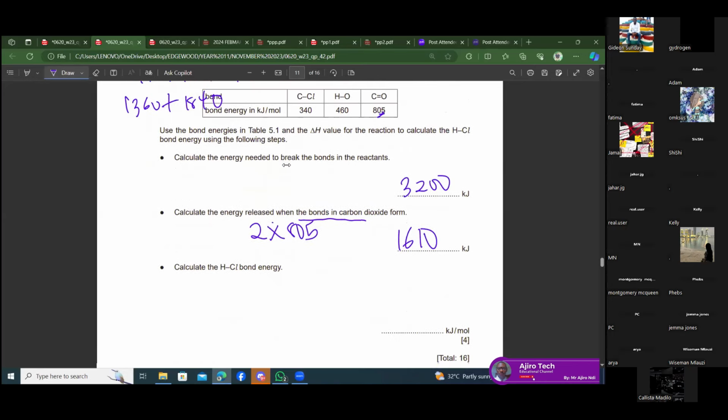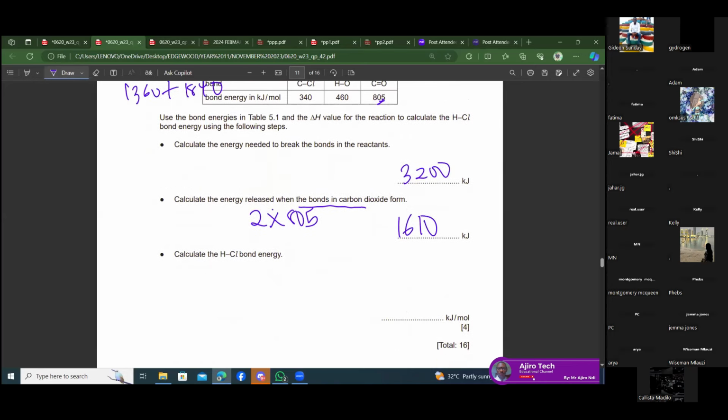Remember that to get the energy of the reaction, the enthalpy change of the whole reaction is simply the enthalpy of the reactant minus the enthalpy of our products. So the sum of the enthalpies of the reactant minus the sum of the enthalpies of the product.